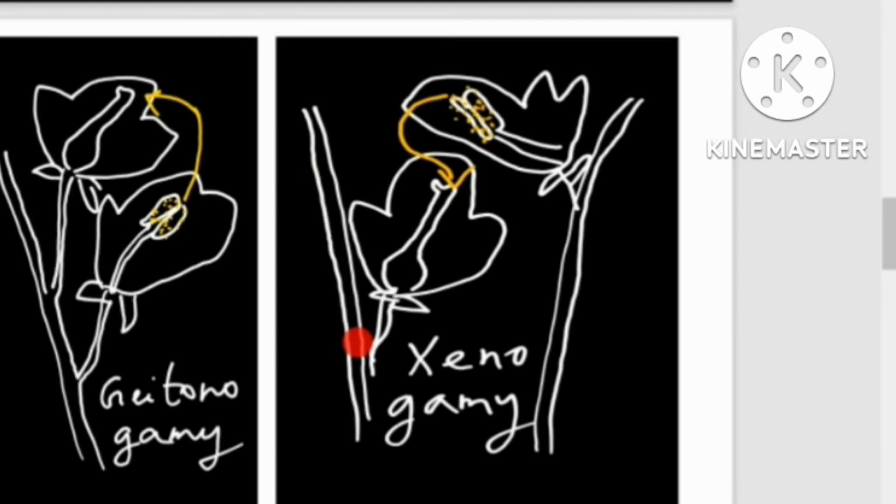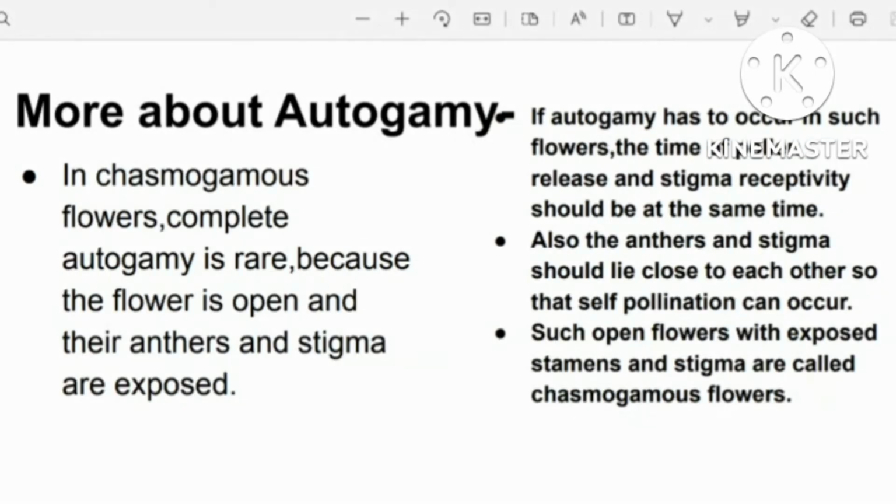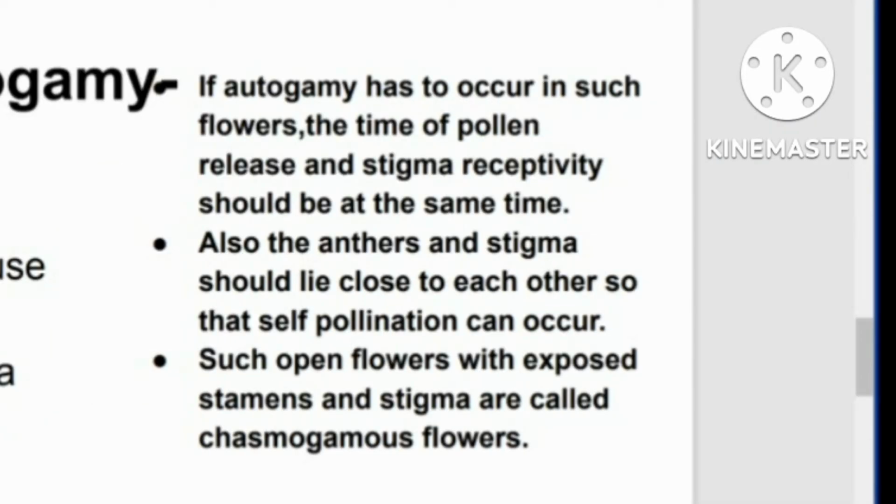Then it becomes xenogamy. In chasmogamous flowers, complete autogamy is rare because the flower is open and their anthers and stigma are exposed. So if autogamy has to occur in such flowers, the time of pollen release and stigma receptivity should be at the same time.